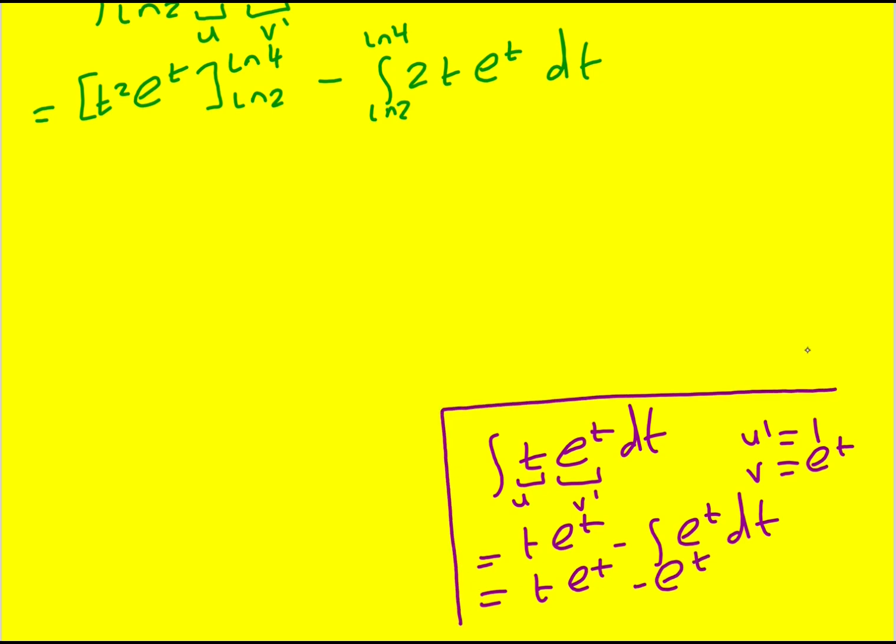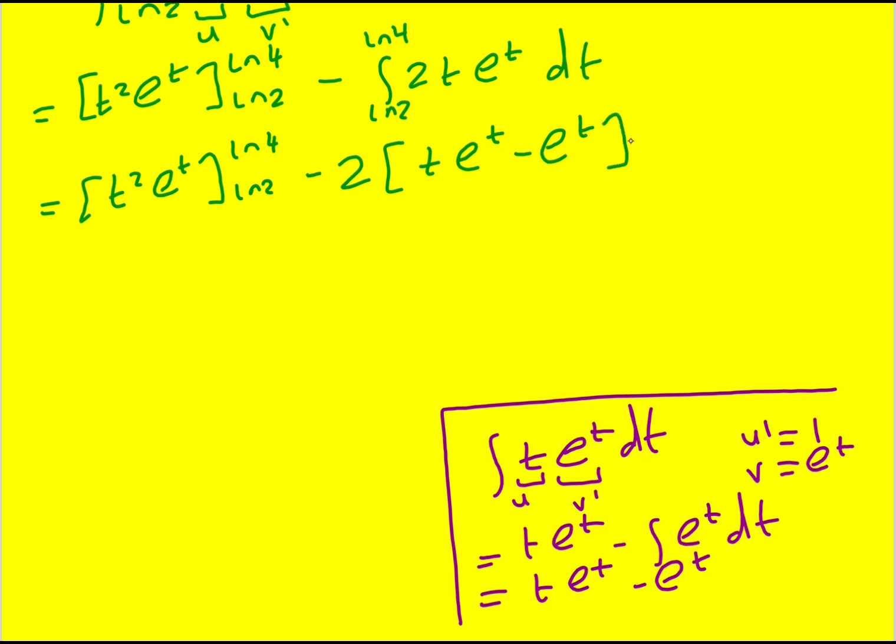I'll just hold off on putting the limits in again. So now I'm going to get minus 2 lots of t e to the t minus e to the t.